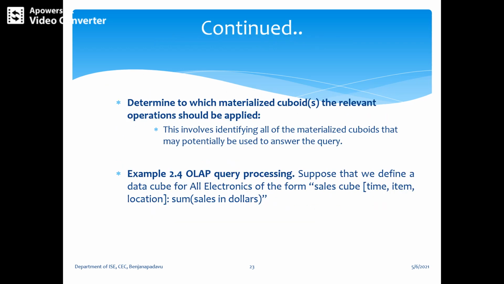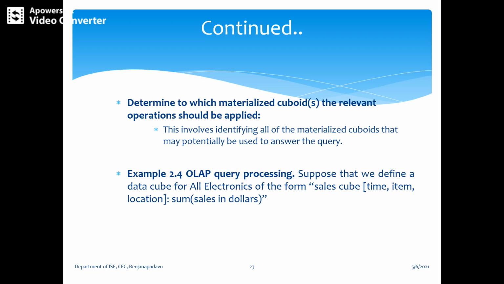Then determine to which materialized cuboids the relevant operation should be applied. This involves identifying all of the materialized cuboids that may potentially be used to answer the query, pruning the set using knowledge of dominance relationships among the cuboids, estimating the cost of using the remaining materialized cuboids, and selecting the cuboid with the least cost.